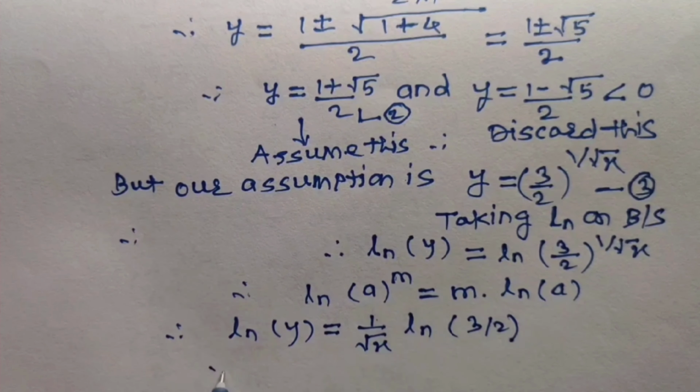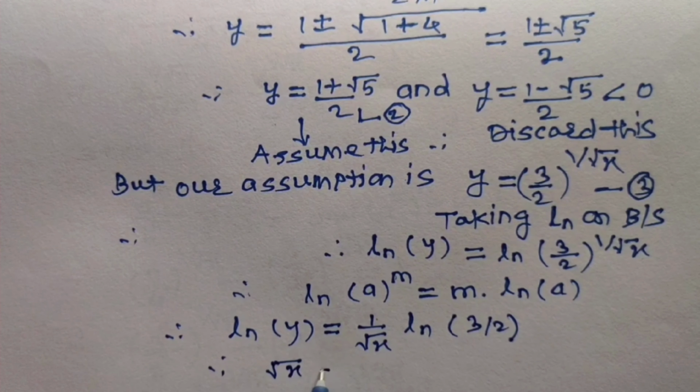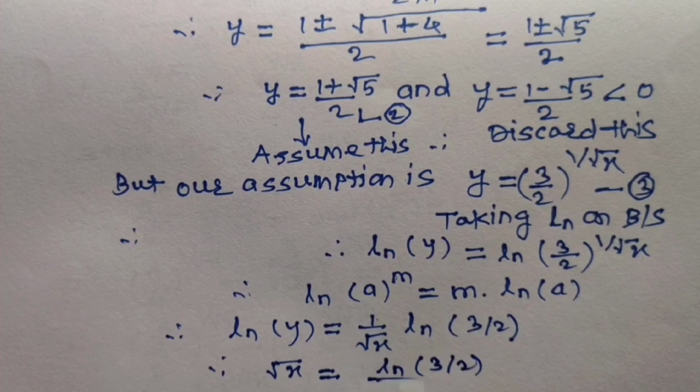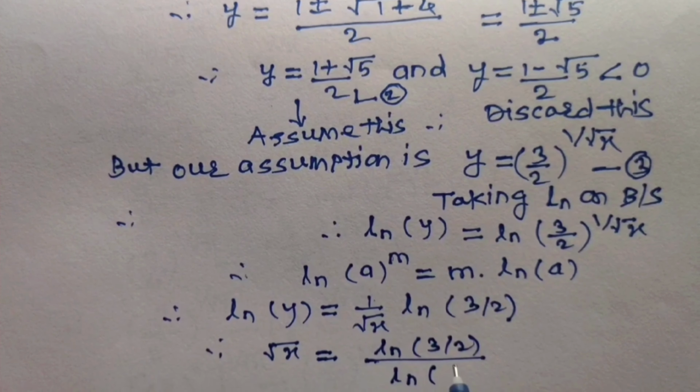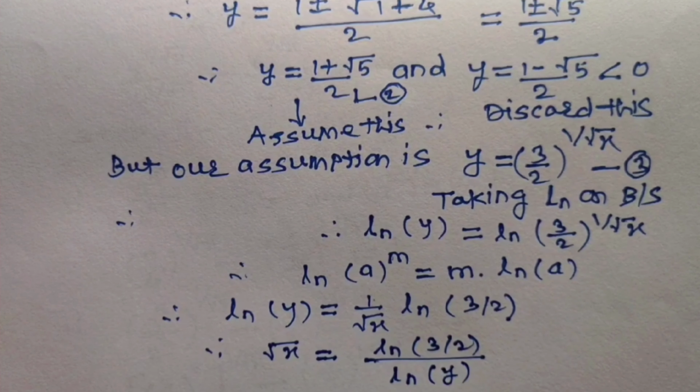Now taking square root of x on the left hand side and ln of y on the right hand side, the equation becomes square root of x is equal to ln of 3/2 divided by ln of y.